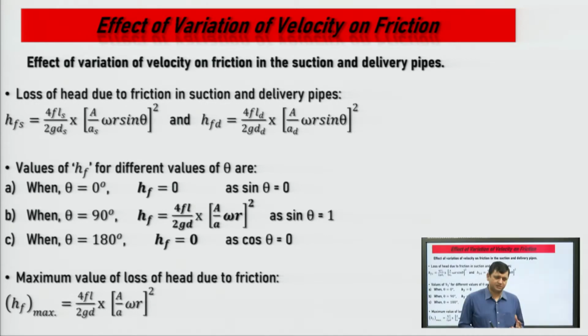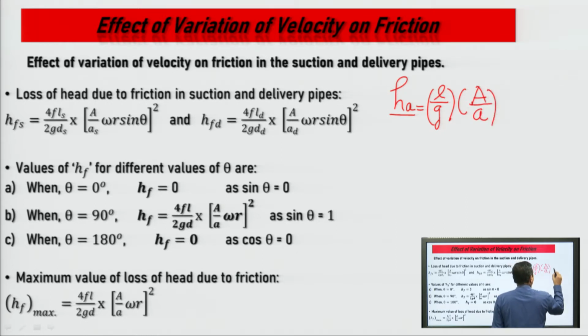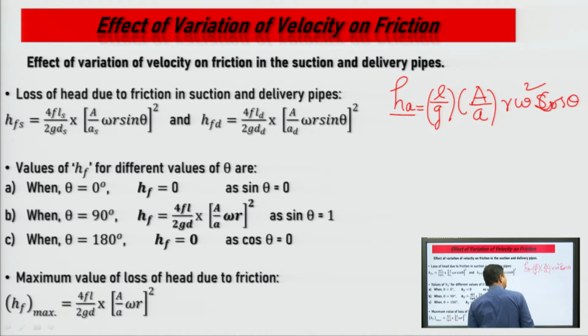Before this we discussed the pressure head and calculated it simply. The pressure head due to acceleration, H_A, is equal to L upon g, into a upon A, into r omega square cos theta.